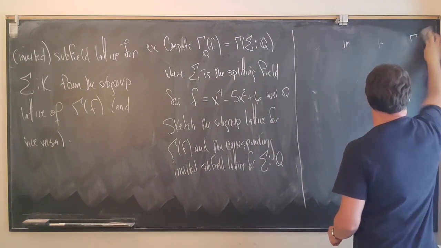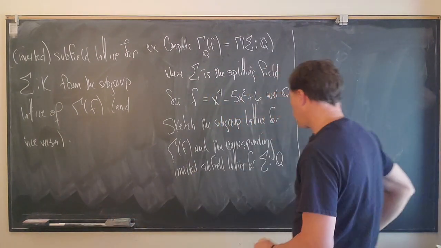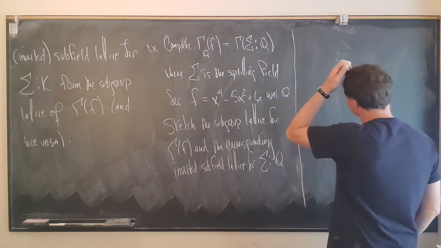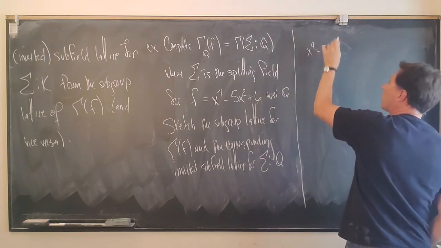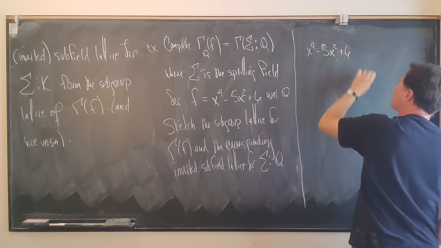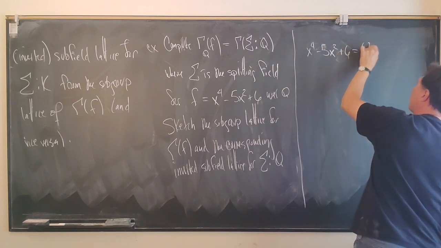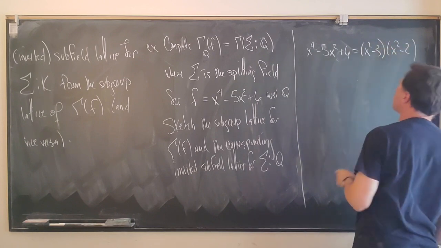Okay, so the first thing we need to do is figure out who our Σ is, who the splitting field is. So let's see, x⁴ - 5x² + 6, that's going to be (x² - 3)(x² - 2).